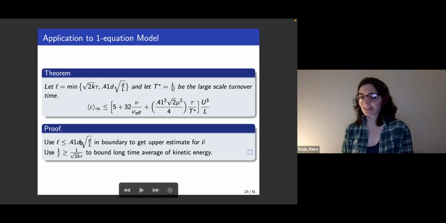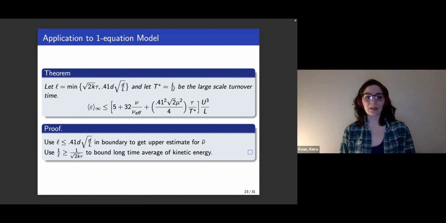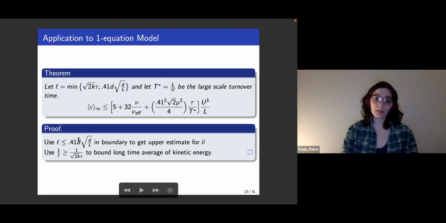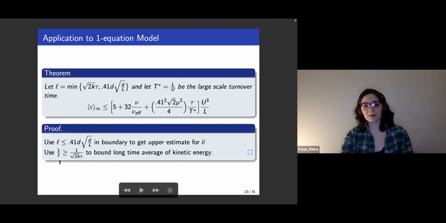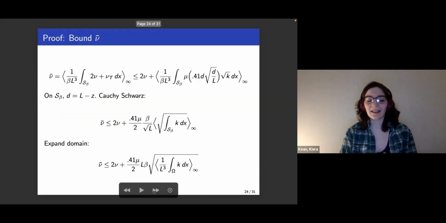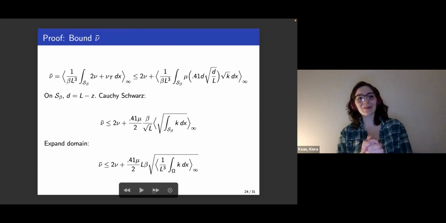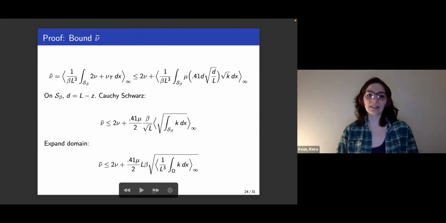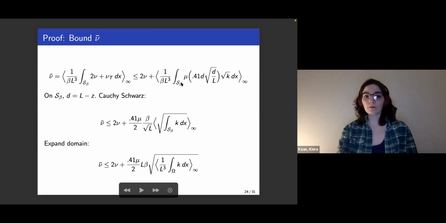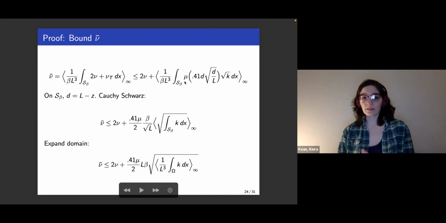Again, I don't want to go through every single detail. It's available in the paper, but the key is that we use this estimate in the boundary, and then this estimate in to, again, bound the long time kinetic energy average. So again, the basic details is we have nu bar and nu T. This can be, again, restricted.